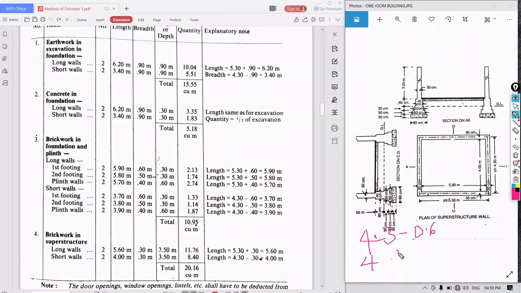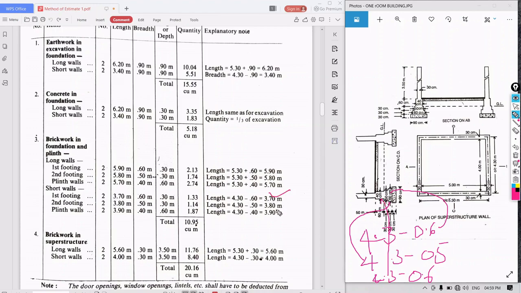For the second footing, 0.5. So 4.3 minus 0.6 is for the first footing, this is for the second footing, and this is for the plinth wall.